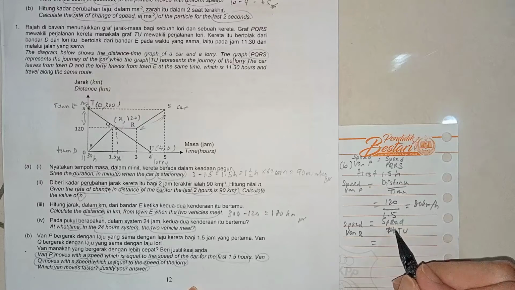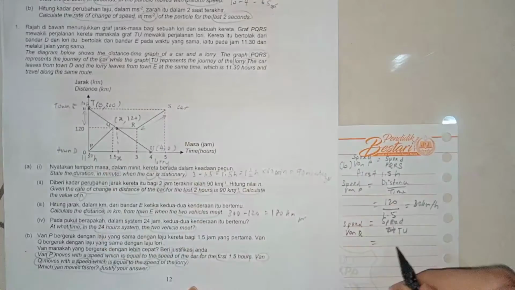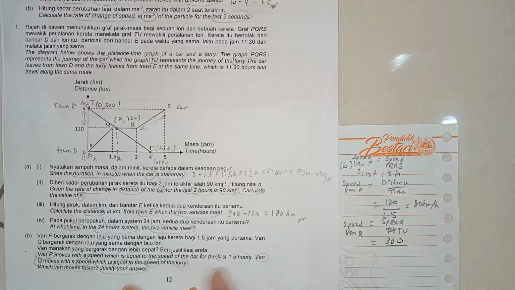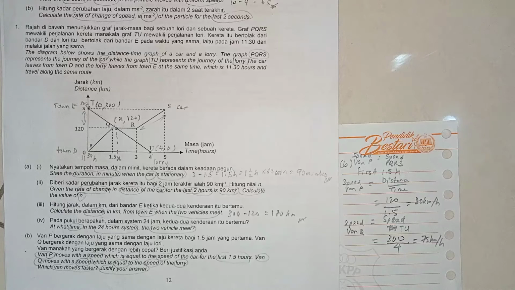Distance of TU is 300. The time is 4 because they say the first or second or nothing, just total. So total is 4 hours. So you get 75 kilometer per hour. Okay, so I get this answer.